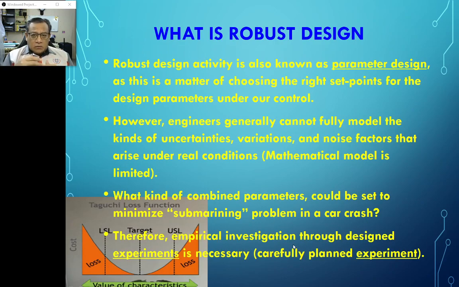Therefore, one way to approach this is through the technique of robust design, where you have to plan the experiment with a few or many combinations of set points, so that you could know the maximum performance with the minimum variation or minimum noise. Okay.